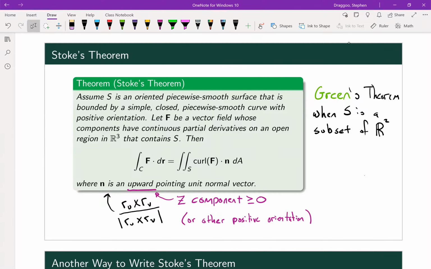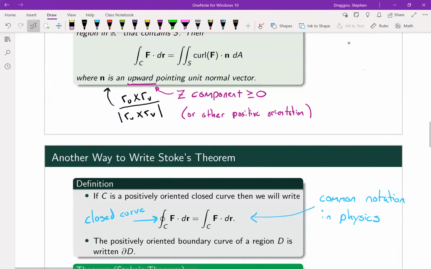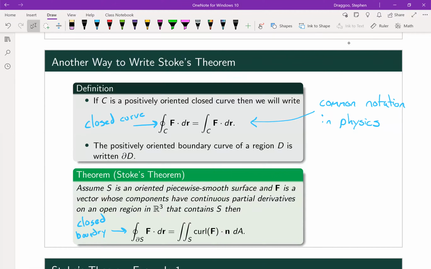All right, and then a slightly different way to write Stokes' theorem. We'll start by defining the closed line integral, which is what that small circle in the middle of the integral symbol means: we're integrating over some closed curve, or a line integral over some closed curve.